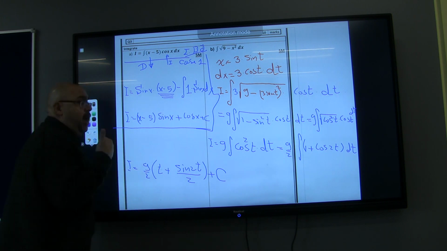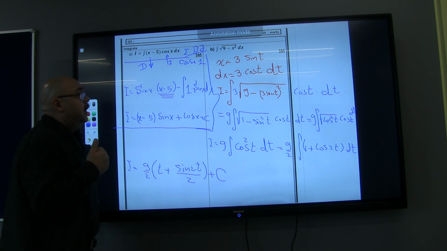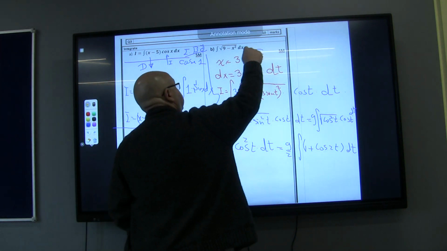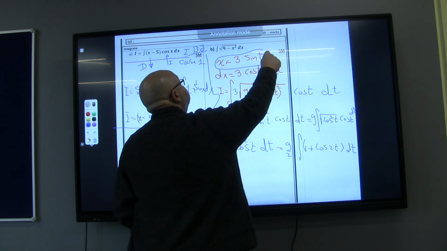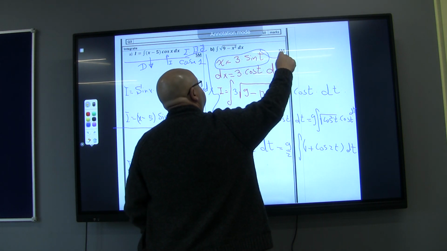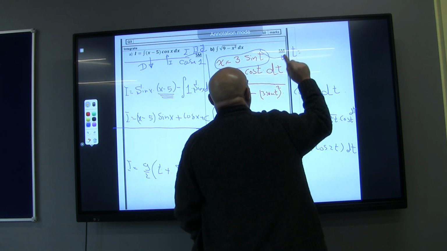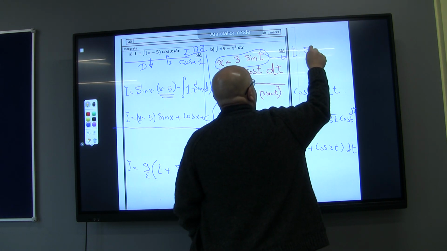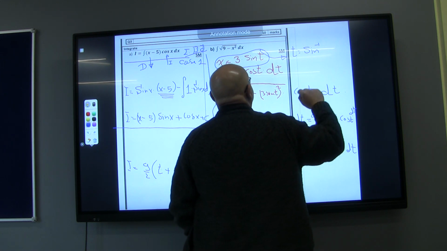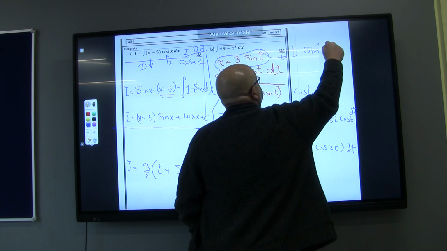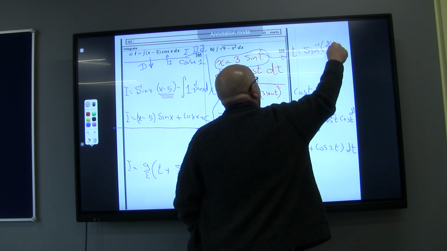Don't you ever forget that once you make your substitution, you will have to reverse it. So from this, I can say that t will equal arcsine, or sine inverse, of x over 3.